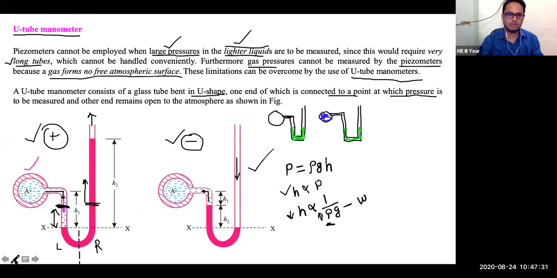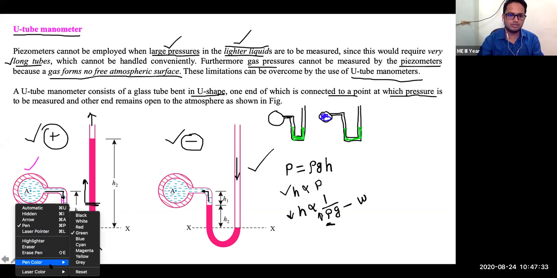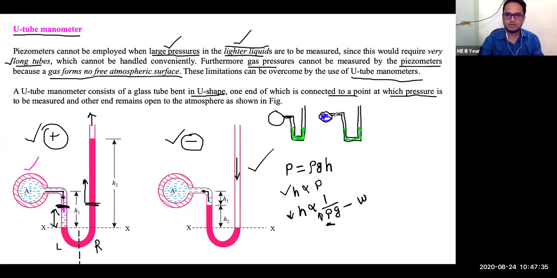Now, what will happen when you switch on your pump? The pump water will see some opening on this side, so water will try to go in this direction and try to come out from this side. It will try to push this green color liquid, so it will push it to some lower level.